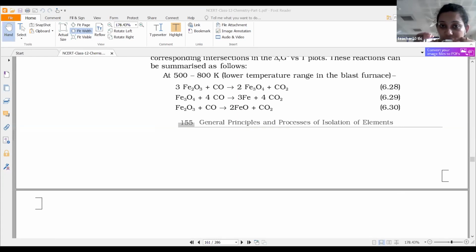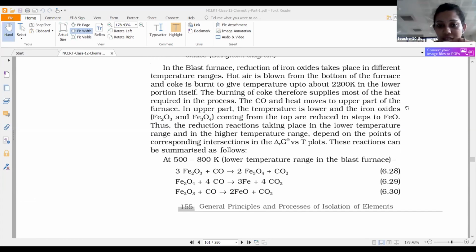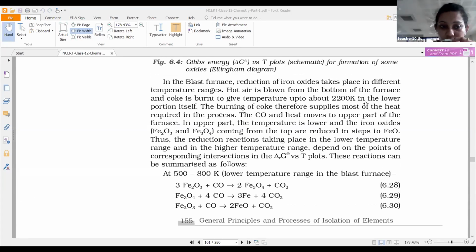So always extraction is more convenient and the yield is more whenever you use the proper method. What is that proper method? Proper method means a complicated oxide is to be converted to simple oxide, and your Ellingham diagram says that carbon, nothing but coke, is the best reducing agent, correct?